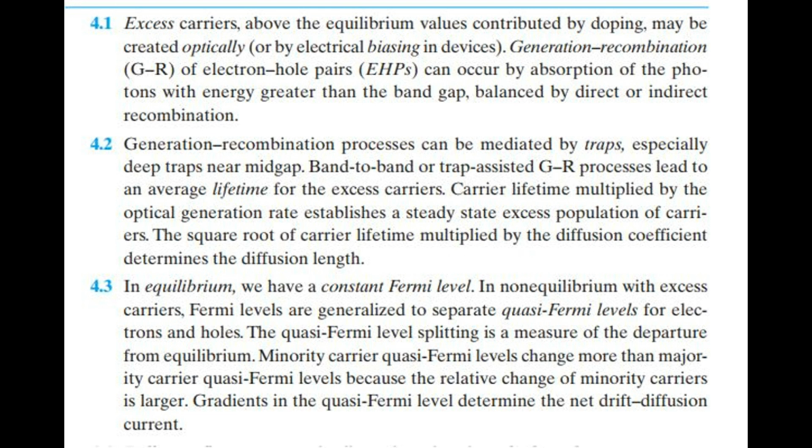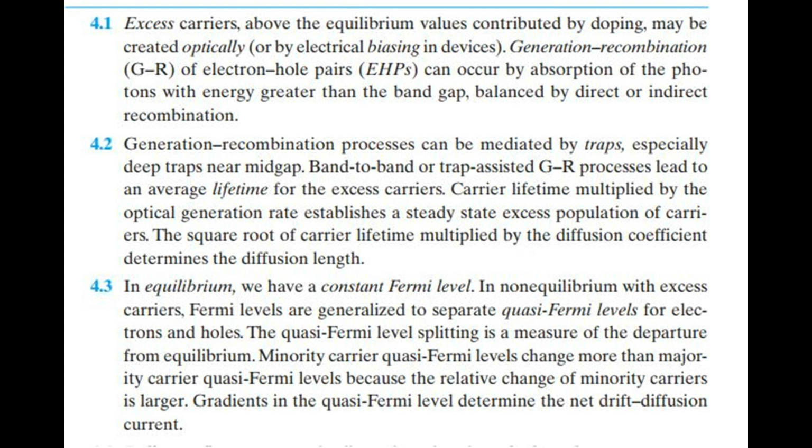GR processes can be mediated by traps, especially deep traps near midgap. Band-to-band or trap-assisted GR processes lead to an average lifetime for the excess carriers. Carrier lifetime multiplied by the optical generation rate establishes a steady-state excess population of carriers. The square root of carrier lifetime multiplied by the diffusion coefficient determines the diffusion length.